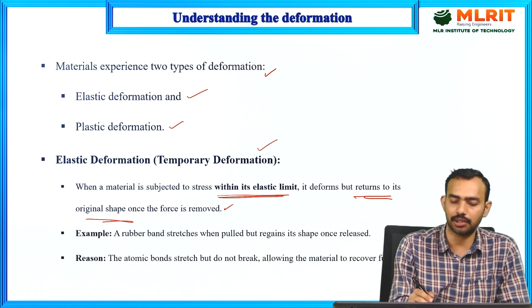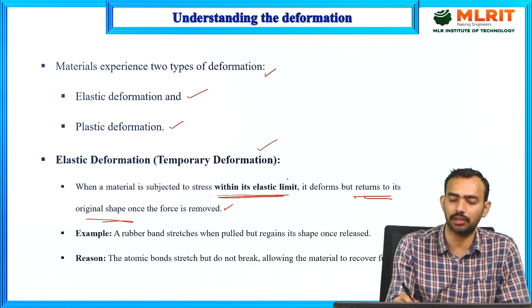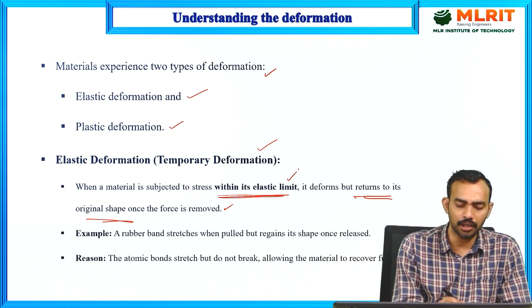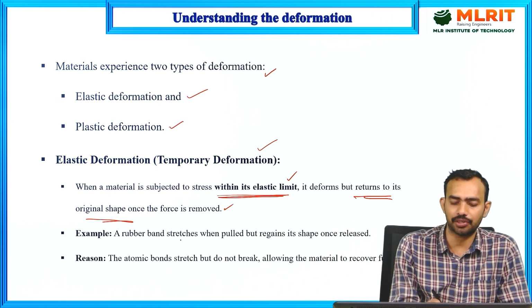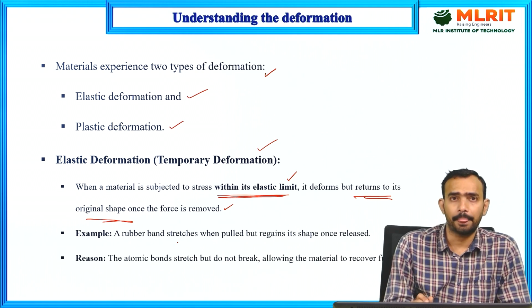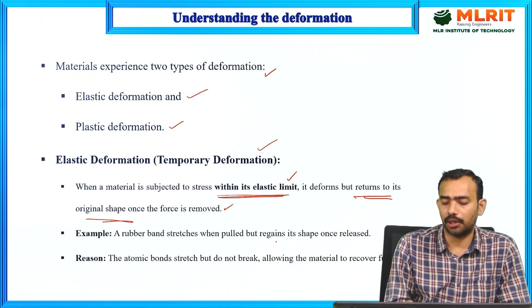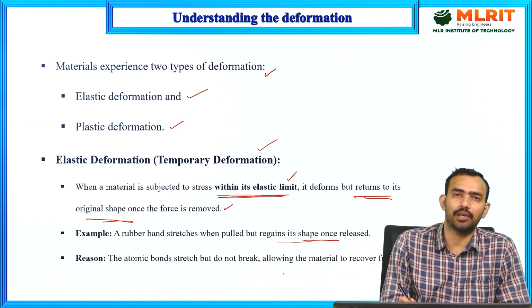Here the stress being applied is very much within the elastic limits. The classic case of a rubber band, if you consider: a rubber band stretches when pulled but regains its shape once it is released.